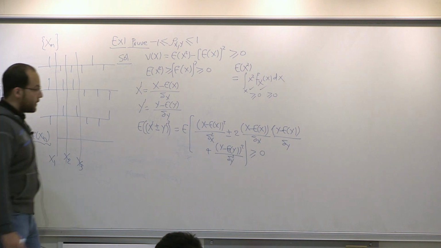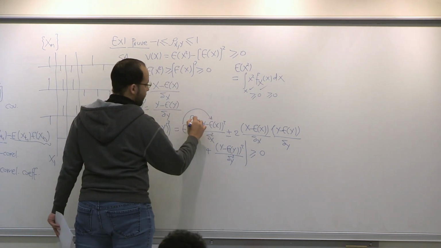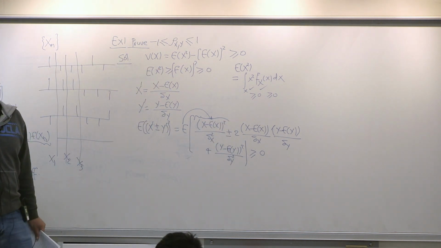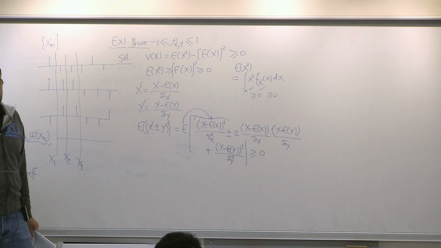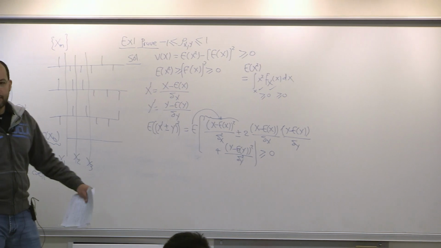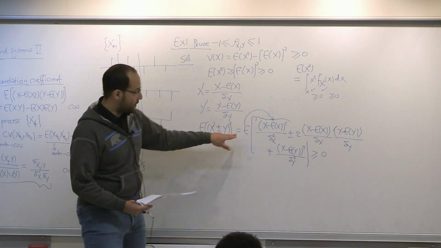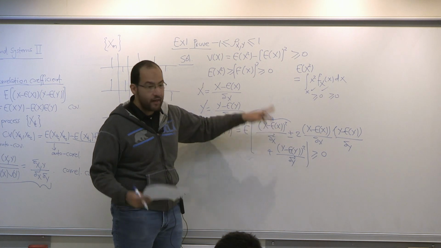All right, let's look at this. When we enter this expectation sign here, what will this be? Go ahead, be active. When you enter the expectation sign here, you get E[(X − E[X])²] over σ_X squared.